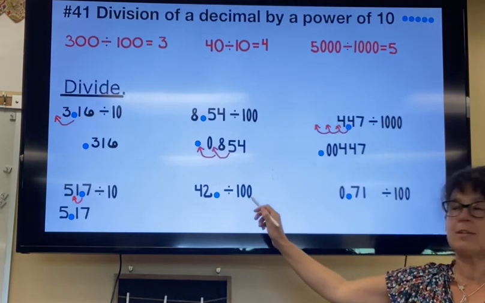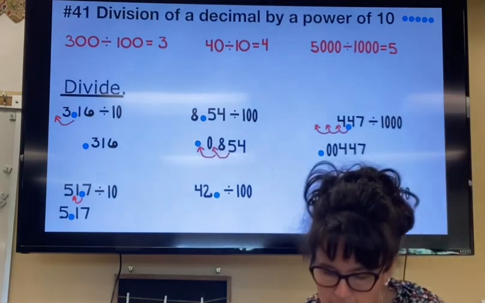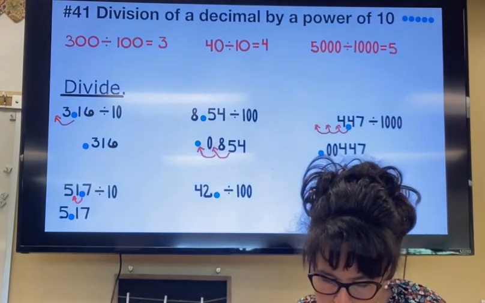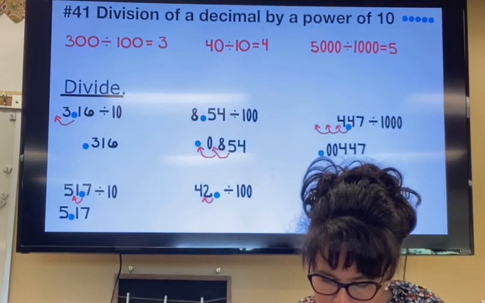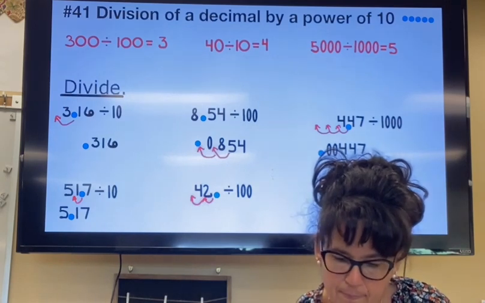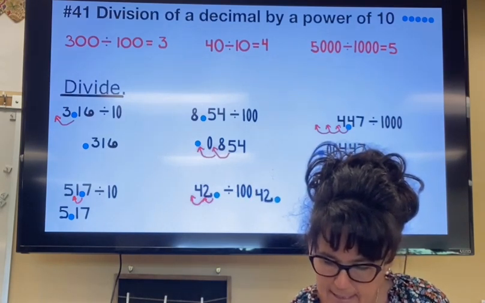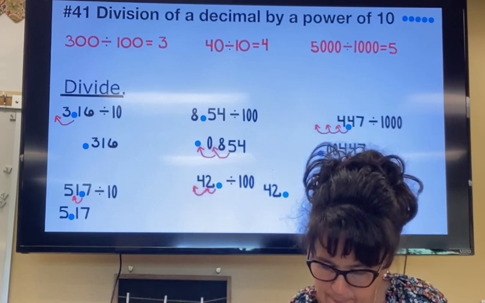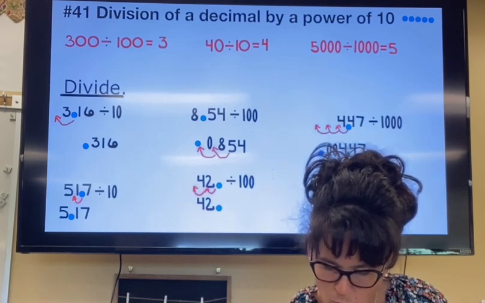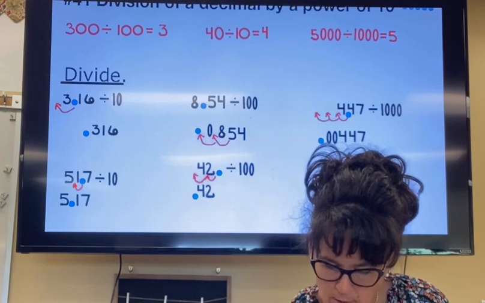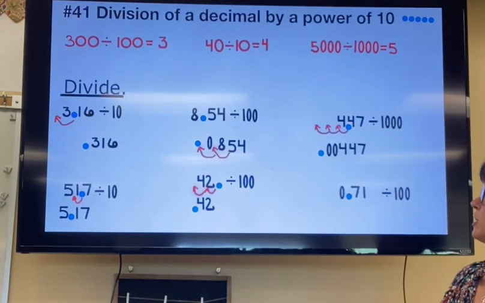Now I'm ready to count the zeros. Divided by 100, there are 2 zeros, so I'm going to move the decimal back 2 places. 1, 2, my answer is 0.42.